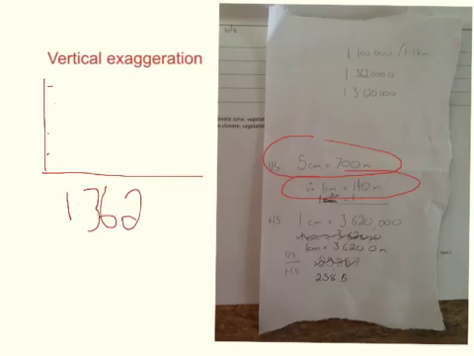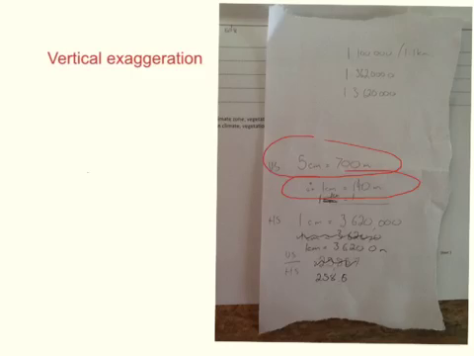To get your vertical exaggeration, you put your vertical scale on top of your horizontal scale, and that will then tell you how much your vertical scale is exaggerated by.